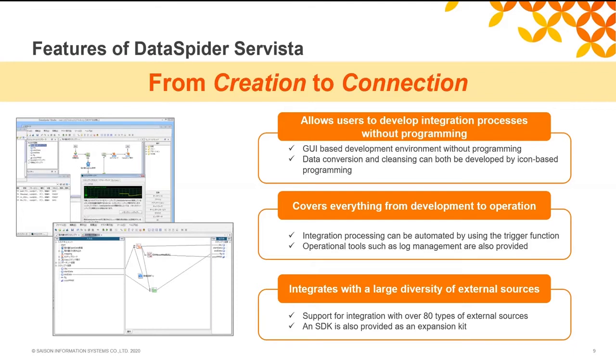After creating an integration process, execution can be automatically done. Operation tools are equipped by default, such as log management, which is needed for managing integration processing. The third feature is that it can integrate with a large diversity of external sources. DataSpider currently supports more than 80 systems to connect with.